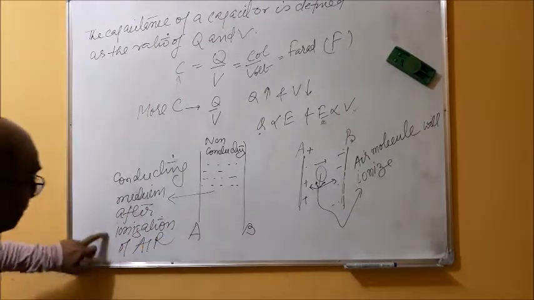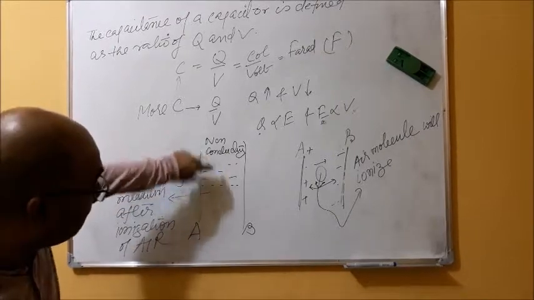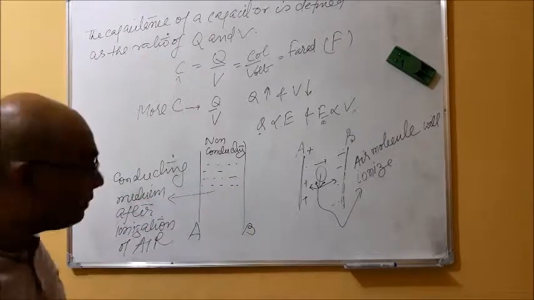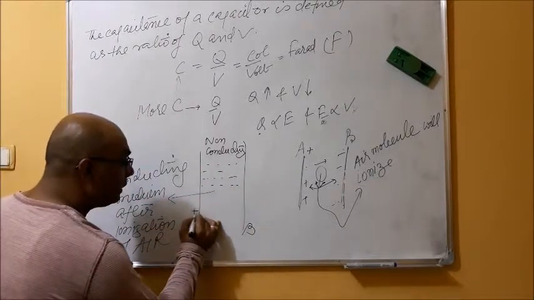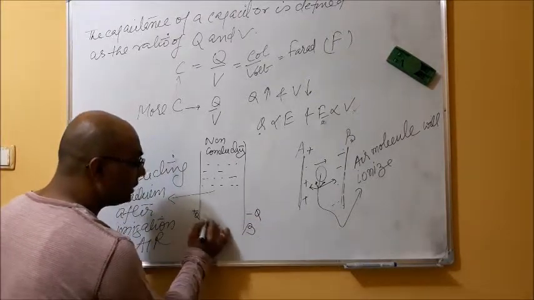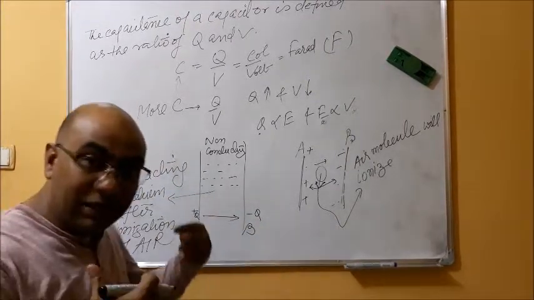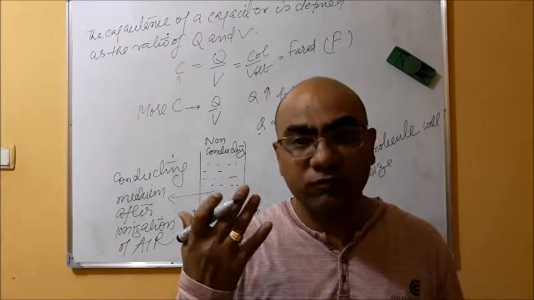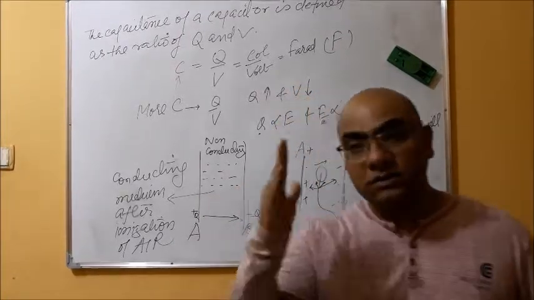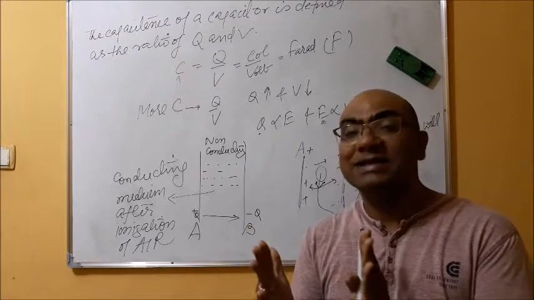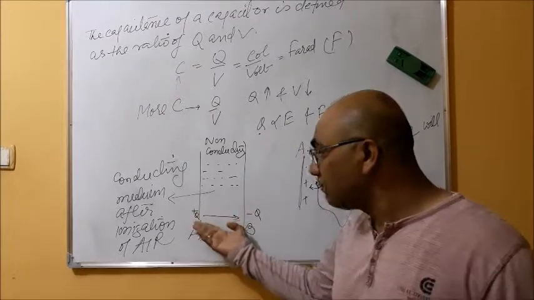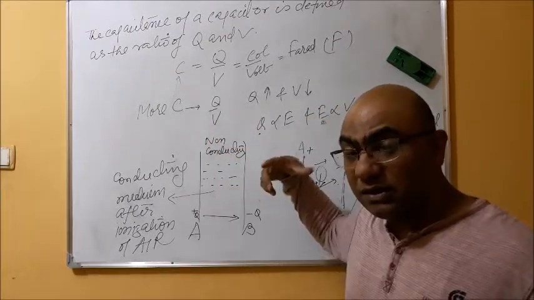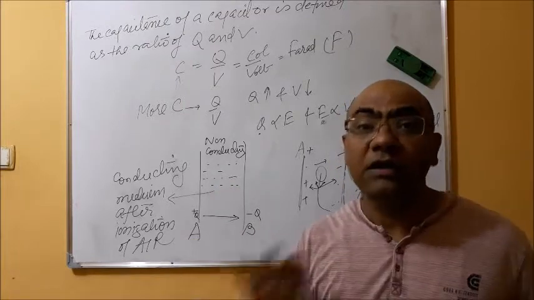This air will be ionized and form a conducting path between A and B. Then this plus Q charge and this minus Q charge will move. And if they move, the concept of capacitor will vanish, because what is the concept of capacitor? That equal and opposite charges should be placed at some separation. There will be no separation, and hence if this air becomes ionized, it will not form a capacitor.